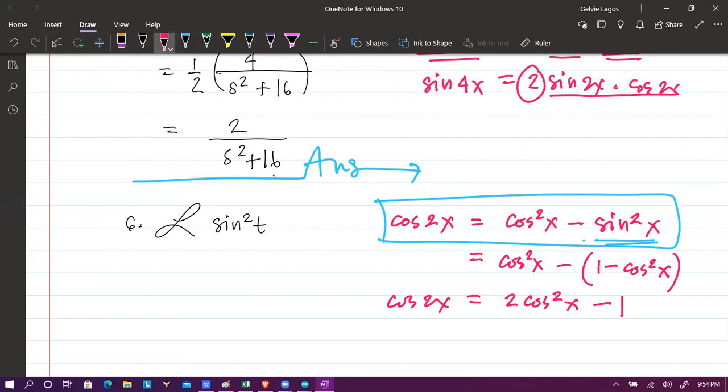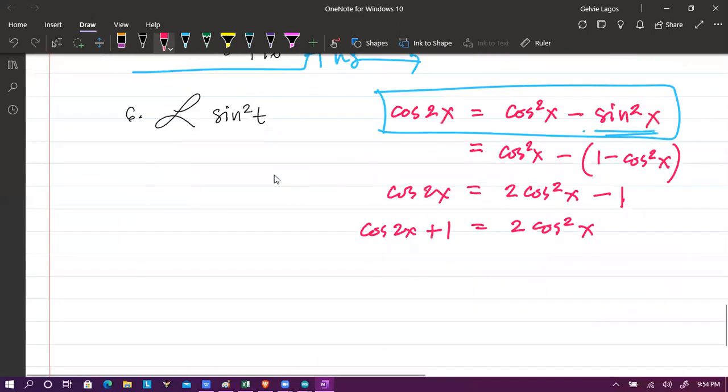Now, if we manipulate this term by transferring the negative 1 to the other side of the equation, you will have 2 cosine squared x is equals to cosine 2x plus 1. That will become positive.